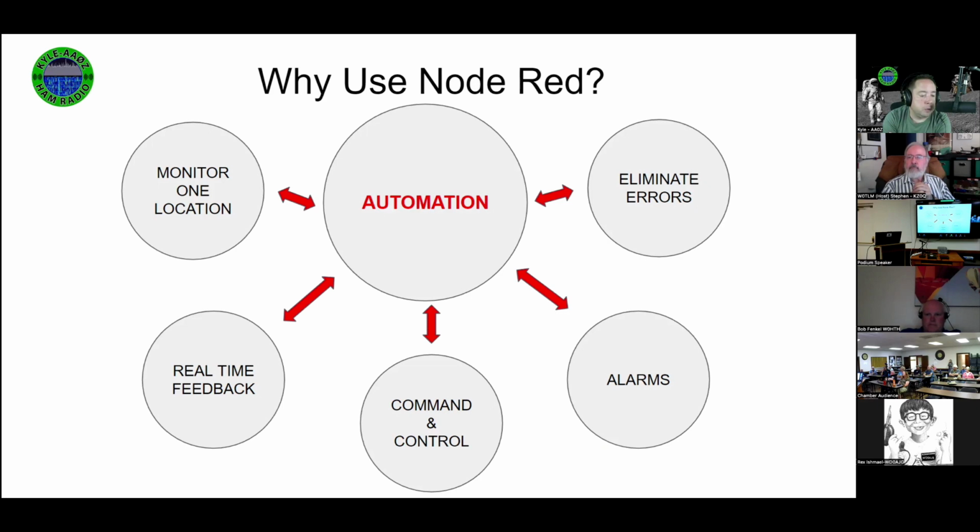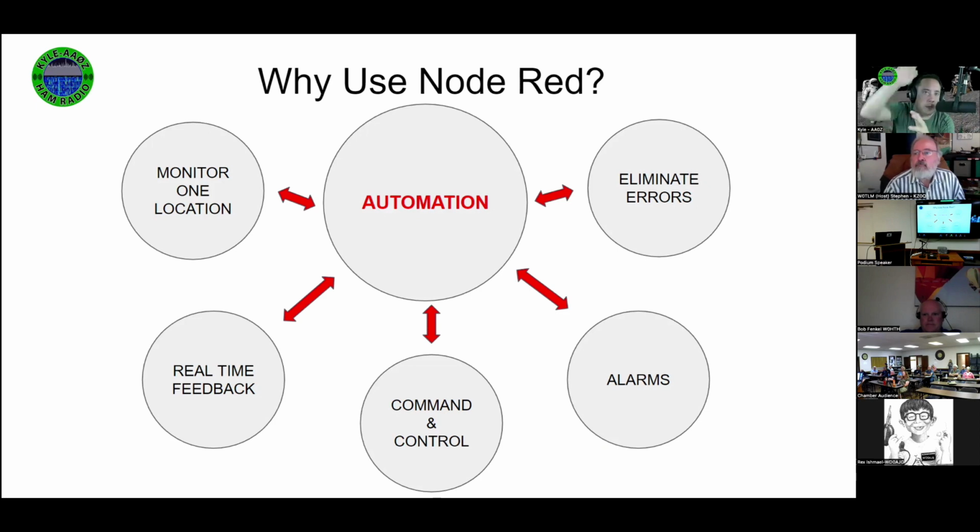It gives you alarms that you can see whenever your SWR is out of spec, or your fan on your radio is going haywire, or your amplifier is hot and you need to cool it down. It can give you all of those alarms. It does command and control, obviously. Real-time feedback, like I said, it will tell you exactly what's going on with your shack. And the greatest thing for me as a contester is it puts all of that information in one monitor.